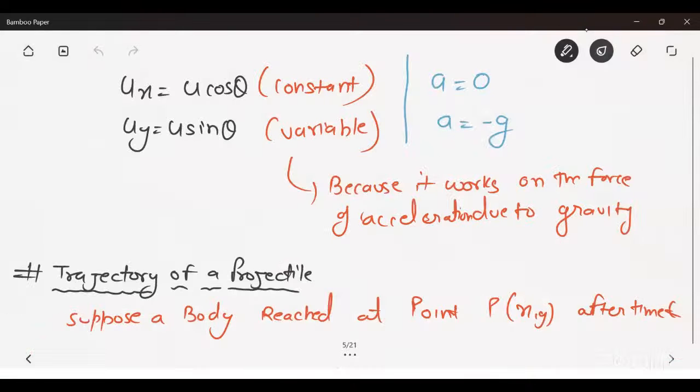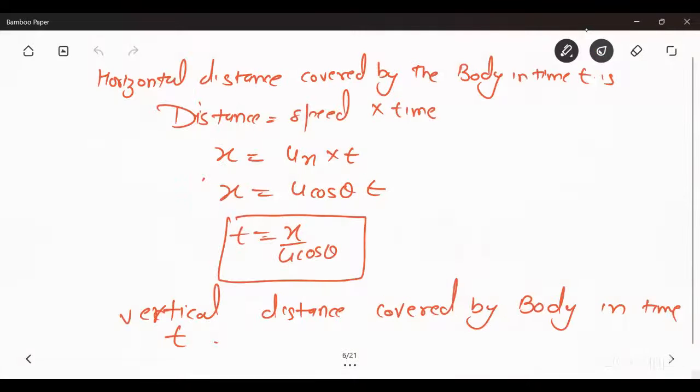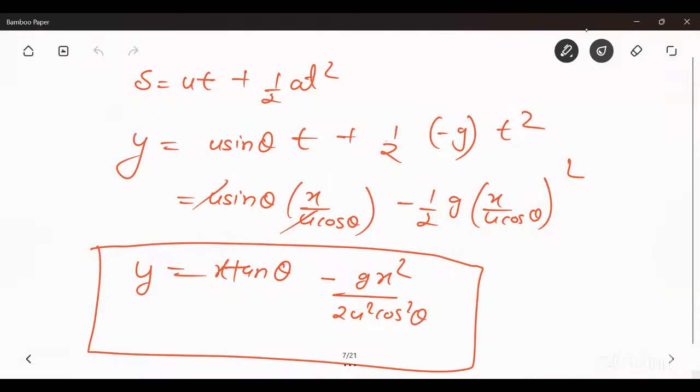So you will write the same: suppose a body reaches a point P (x, y) after time t. Then the horizontal distance x is equal to ux into t, where ux is the horizontal velocity, and horizontal velocity is equal to u cos theta. From here you will get the value of time. Put that value of time in the second equation, for vertical distance s.